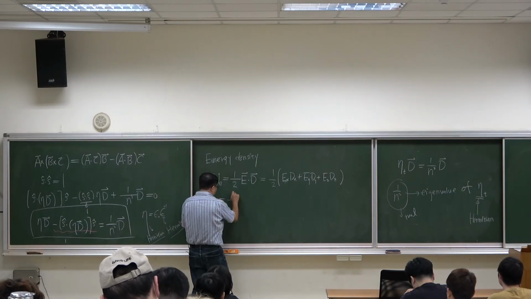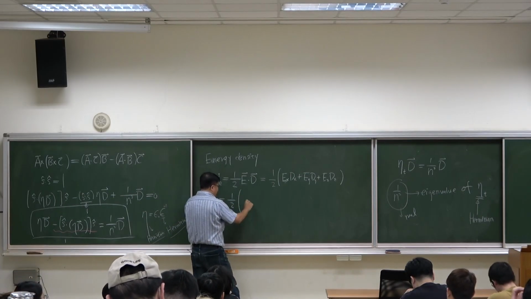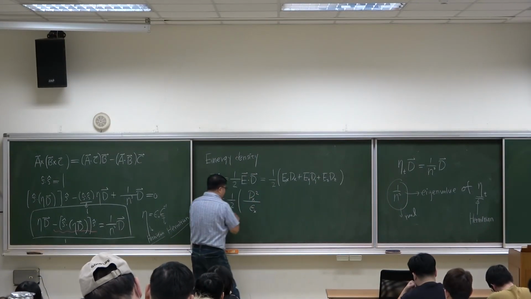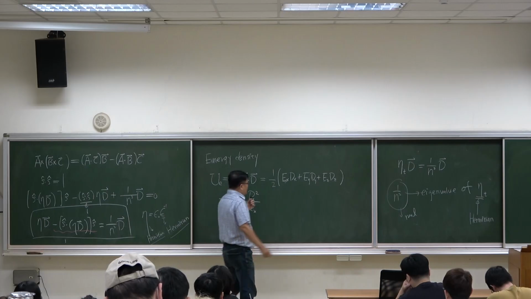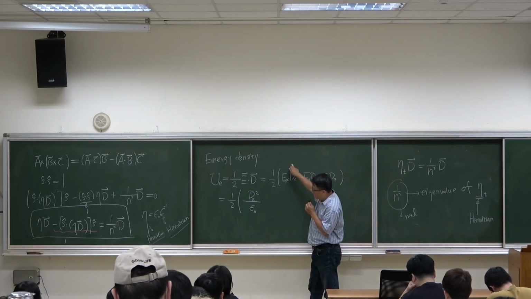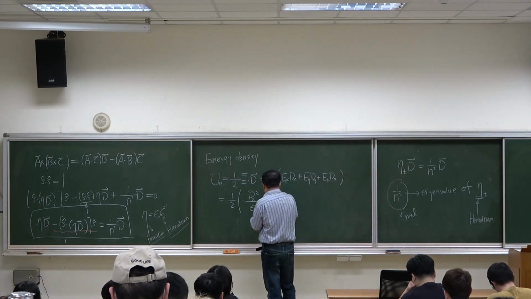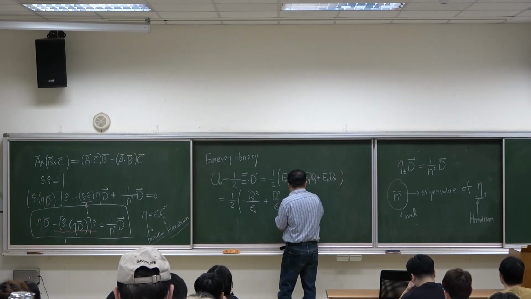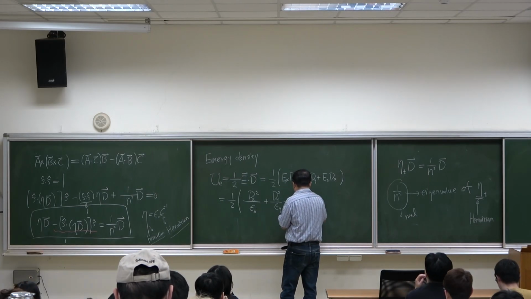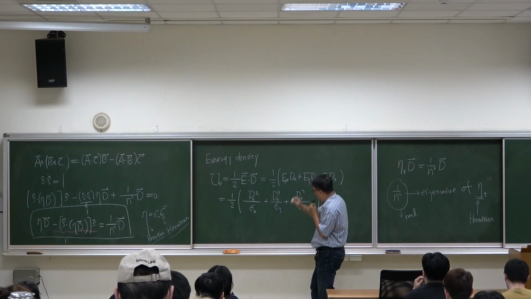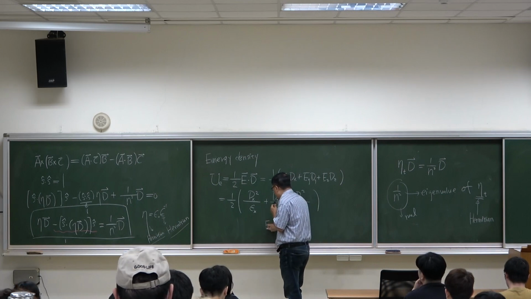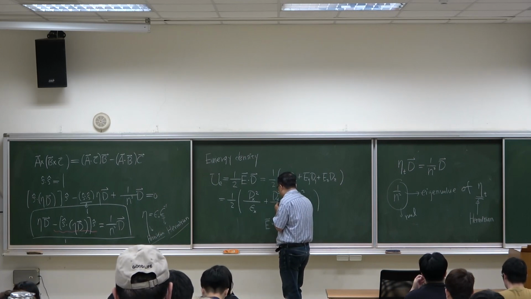So this can be written as dx squared over epsilon x plus dy squared over epsilon y plus dz squared over epsilon z. This is because now E is this one.